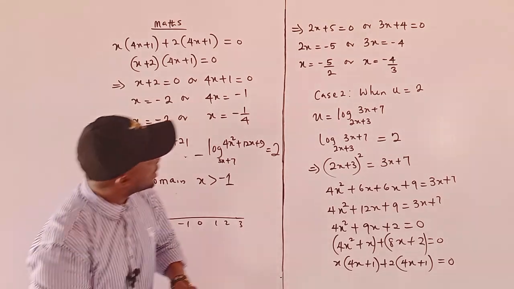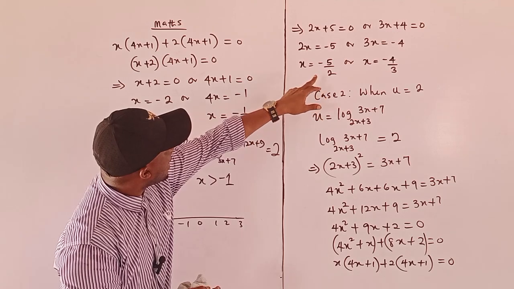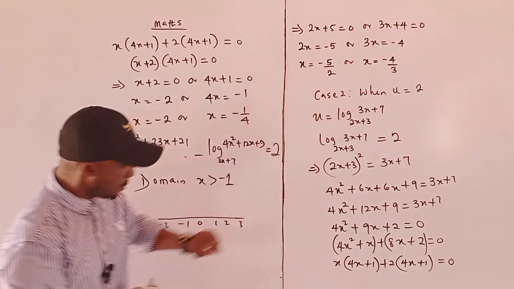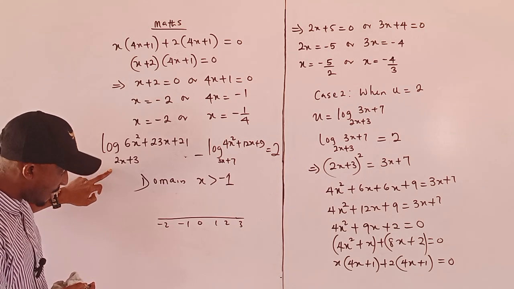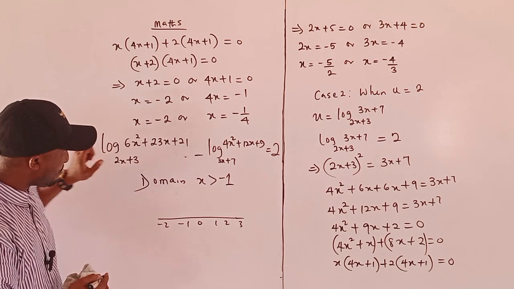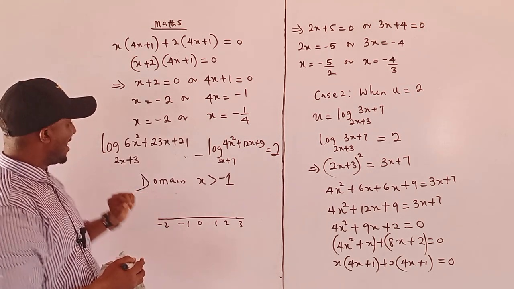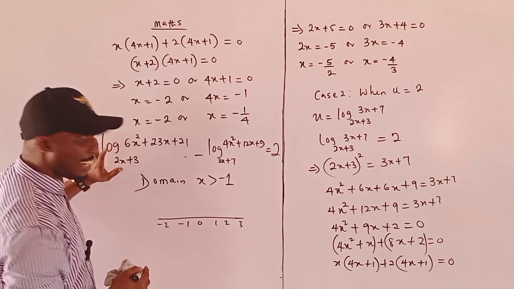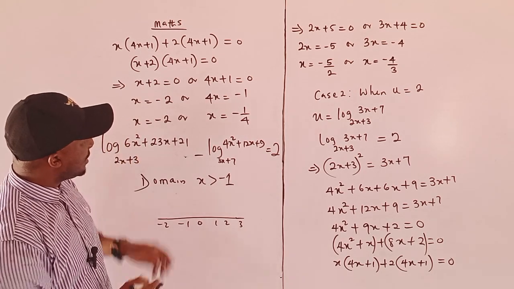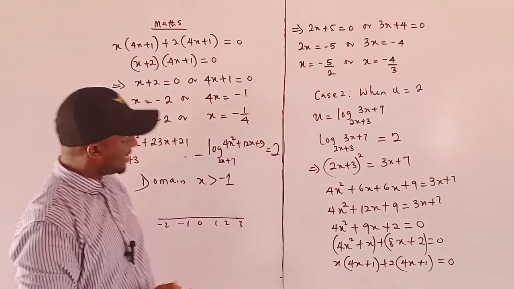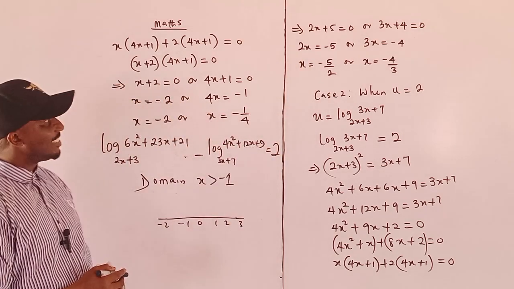If I take the biggest negative value, -5/2, which is -2.5, and multiply it by 2, that would be -5, plus 3, that would be -2. The argument of a logarithm cannot be negative, and neither can the base. So -5/2 is not the answer. That one has been eliminated.